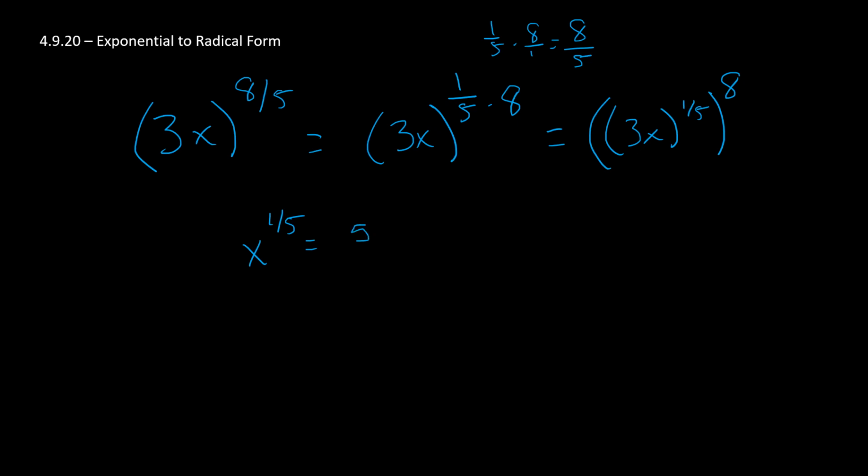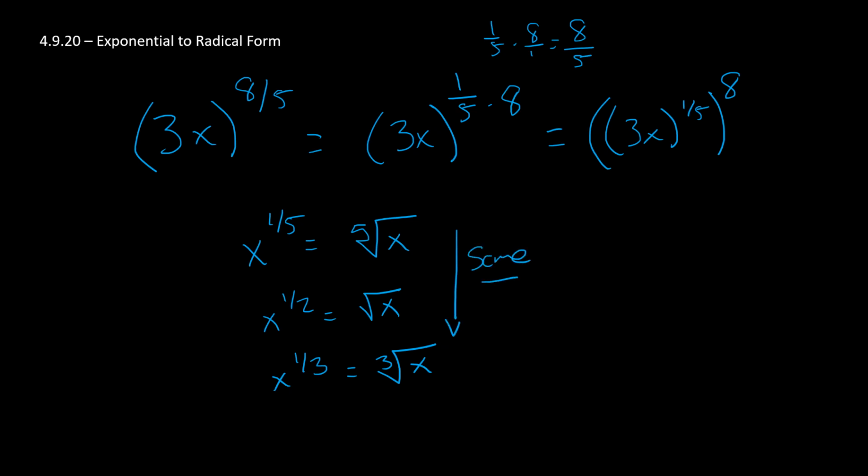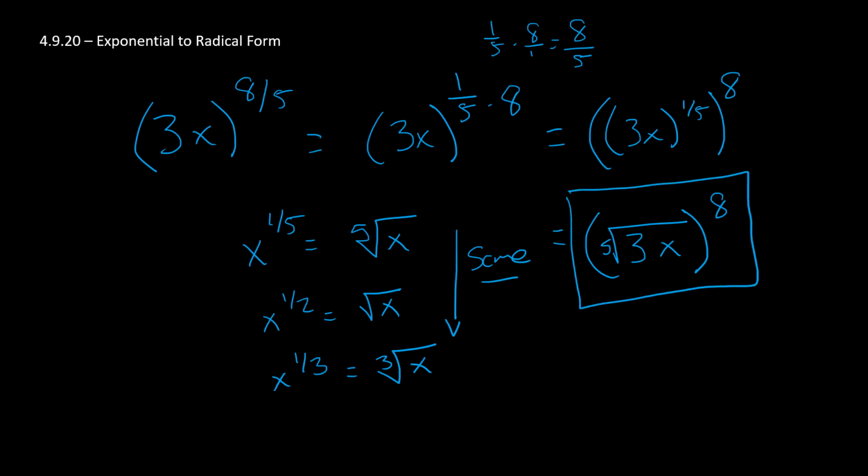This would just be the 5th root of x, just like when we saw the 1/2 was the square root of x, and x to the 1/3 was the cube root of x. It all follows the same rules. So we're going to say the 5th root of 3x, and we raise all this to the 8th. And we're done with that problem.